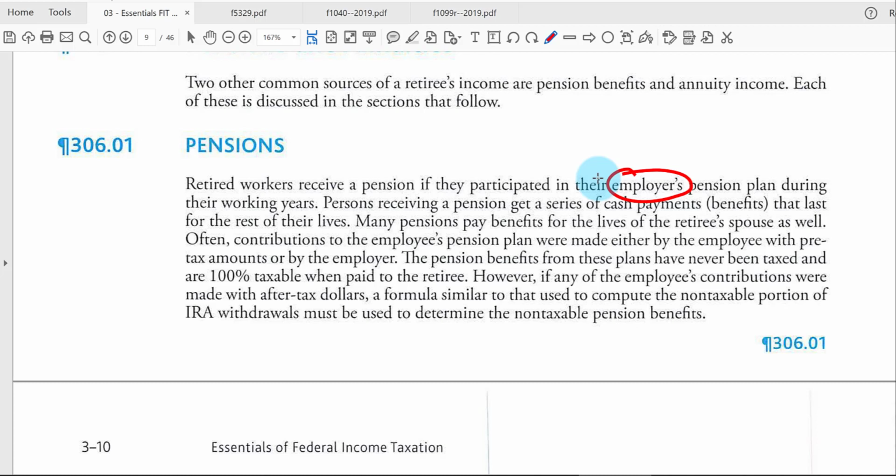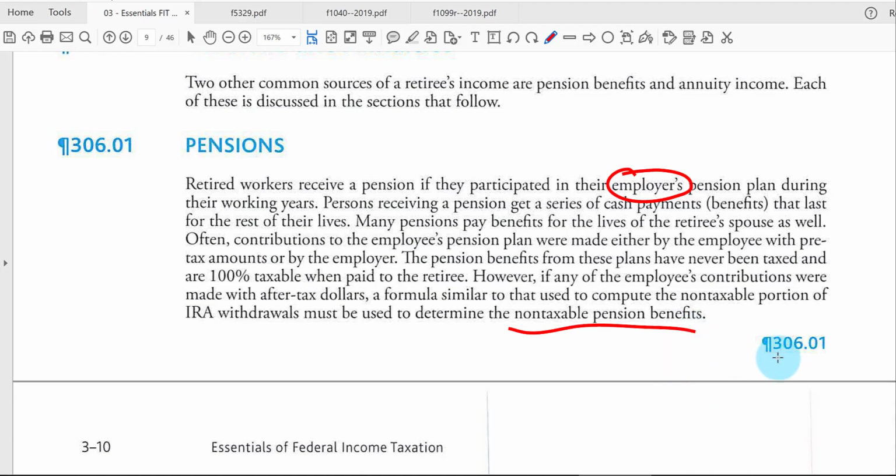But if the employee had voluntarily contributed into the employer plan and wasn't able to reduce their taxable wages in those years they were working, that means there's going to be non-taxable distributions to the employee. So we're going to try to figure that out.